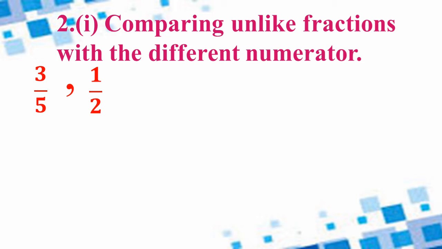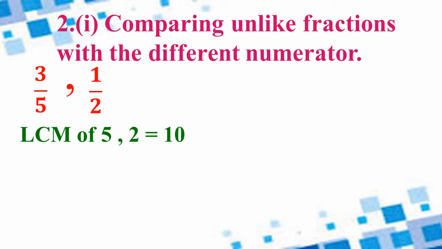We first find the LCM of both denominators. Therefore, the LCM of 5 and 2 is 10. Now, we will multiply both the numerator and denominator of the given fractions by a suitable number.